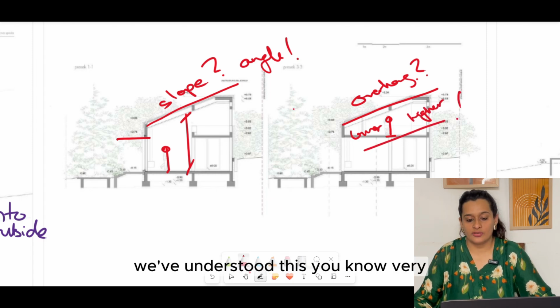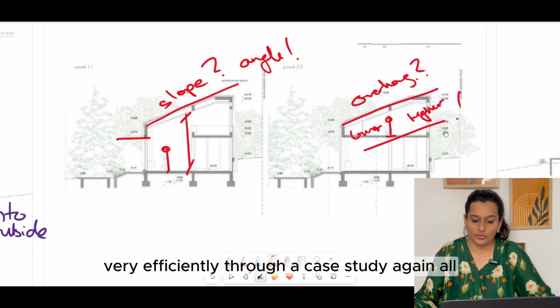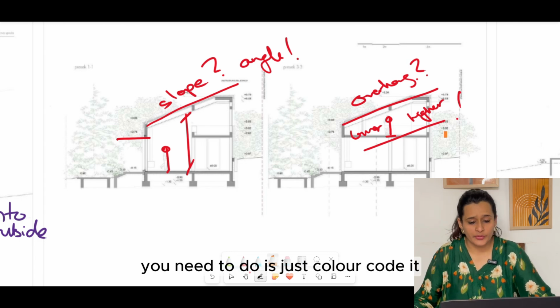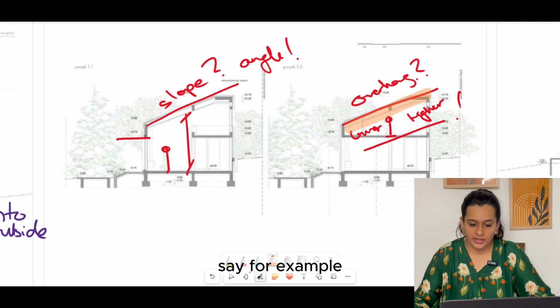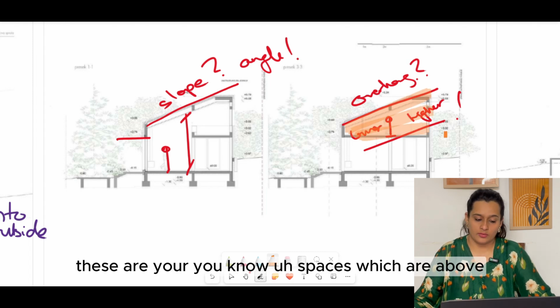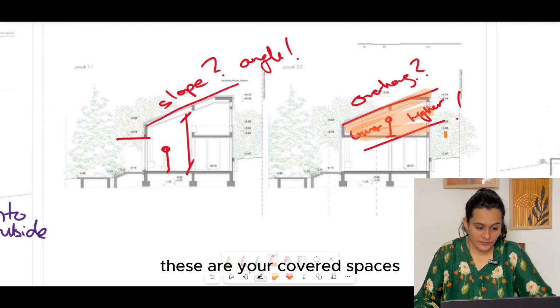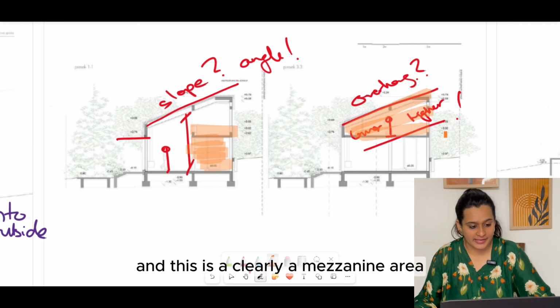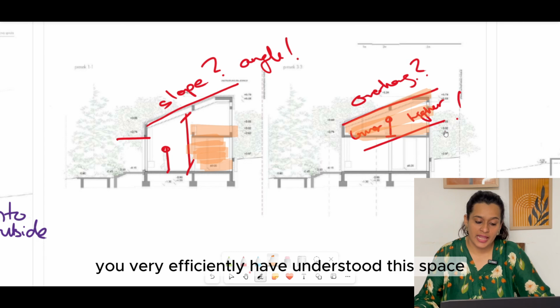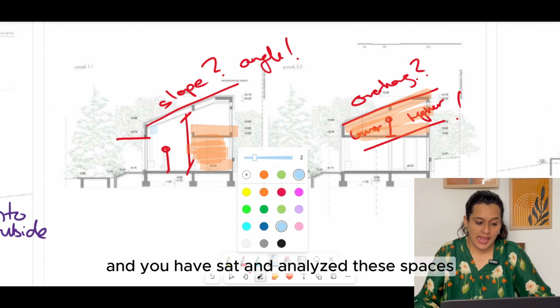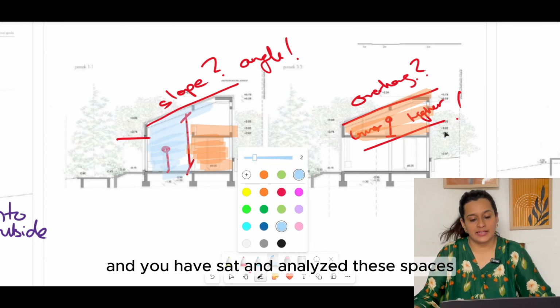We've understood this very efficiently through a case study. Again, all you need to do is just color code it. Say for example, these are your spaces which are above, these are your covered spaces, and this is clearly a mezzanine area. Very efficiently we have understood this space, and you have sat and analyzed these spaces.